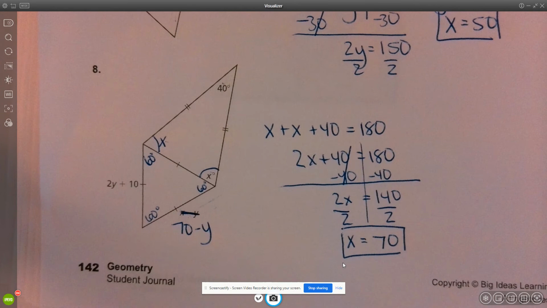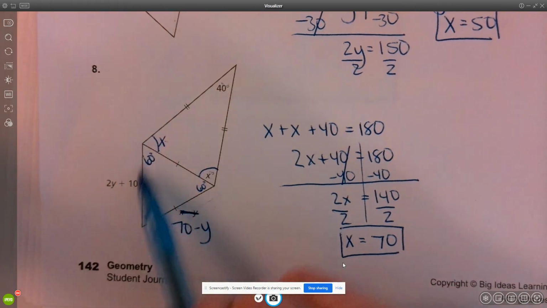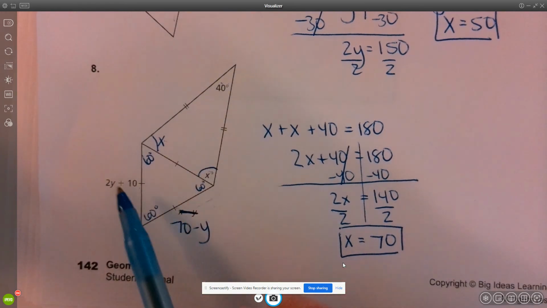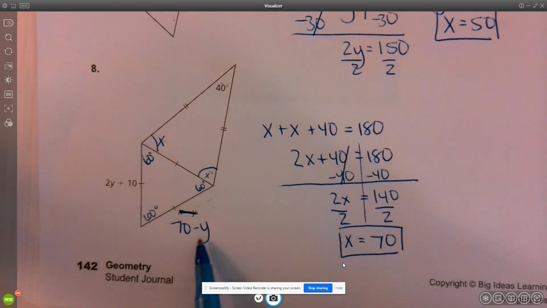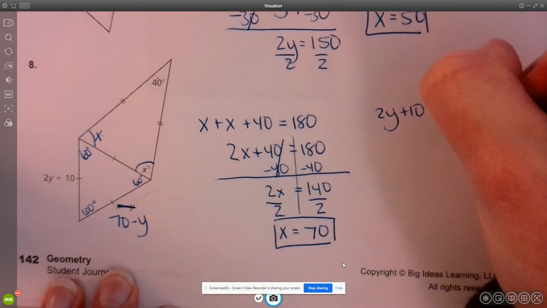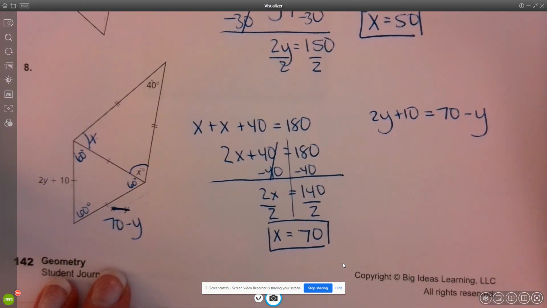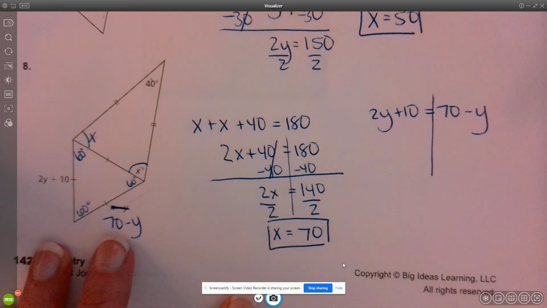Now I have to think, what else do I know? Where do I see some y's? I need to set up some kind of an equation. These 2 sides are equal in this equilateral triangle. So I know 2y plus 10 must be equal to 70 minus y. There's another equation I can solve.